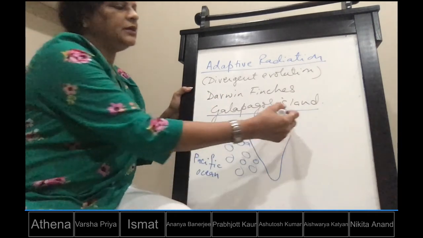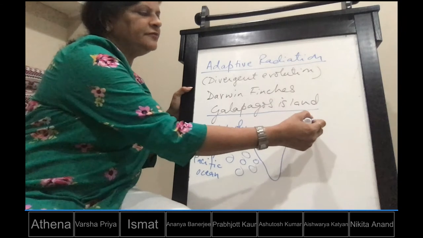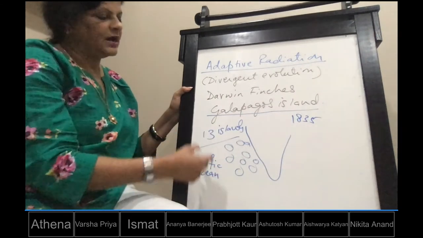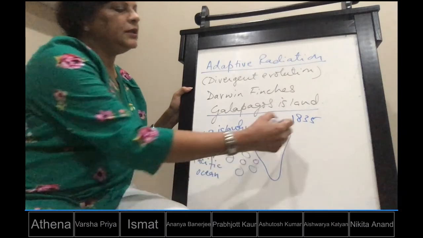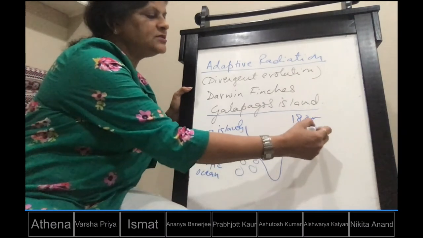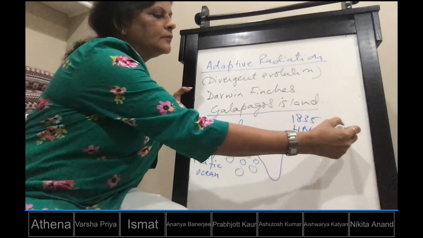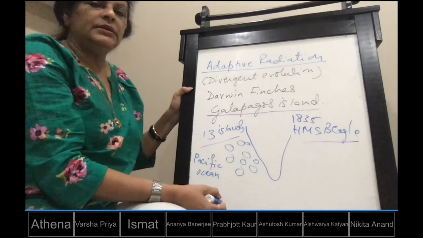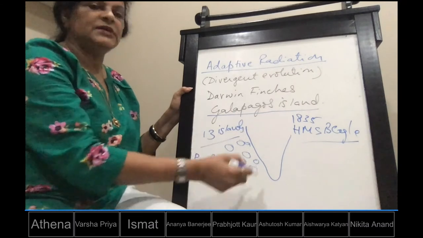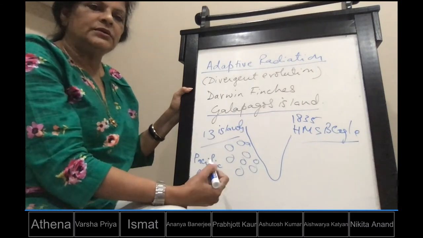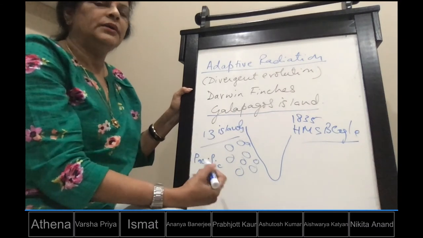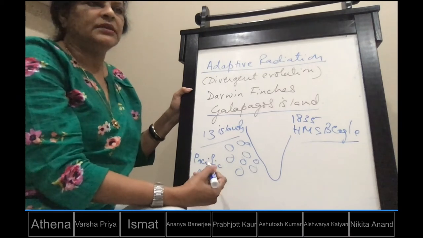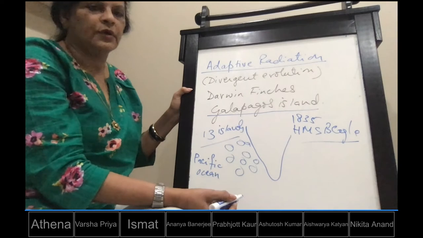Charles Darwin in the year 1835 traveled to these islands in his ship called HMS Beagle. So the name of the ship was HMS Beagle, and in this ship he traveled these islands, and he started looking at the type of organisms living in these islands, flora and fauna.